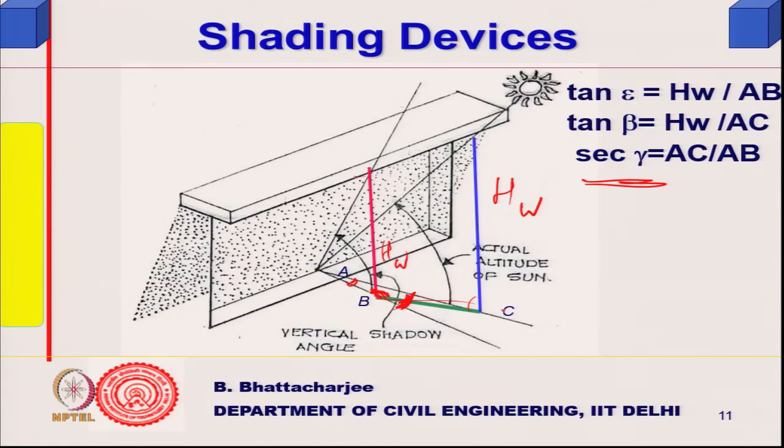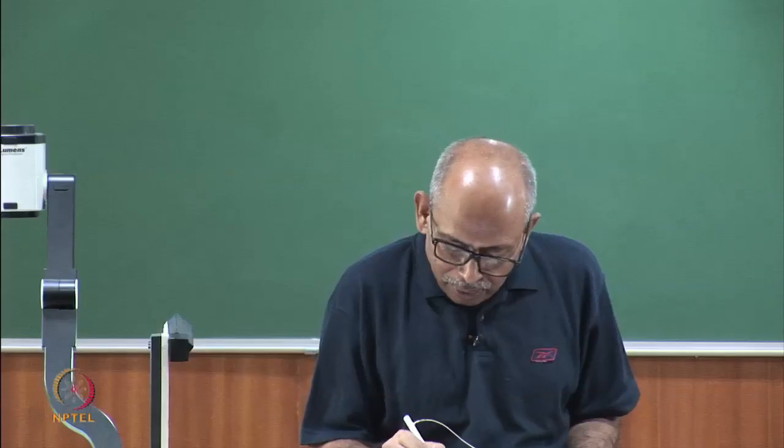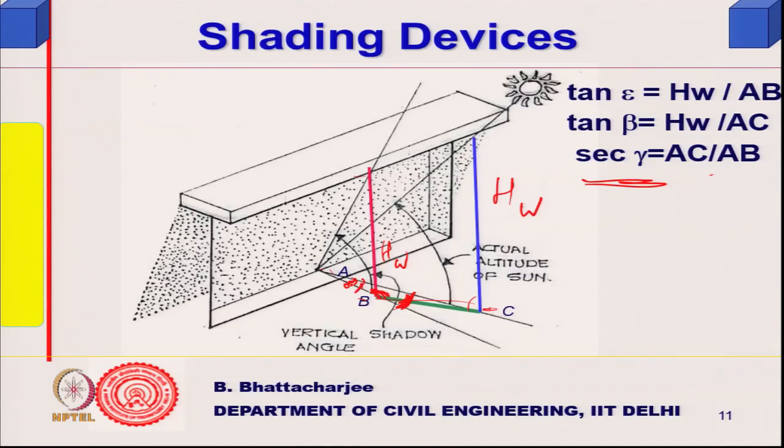AC by AB: AC is the hypotenuse, AB is the adjacent side to this angle. So, cos of the angle will be AB by AC, and sec will be AC by AB. Secant of gamma will be equal to AC by AB, because this is the wall solar azimuth, and this is 90 degrees.